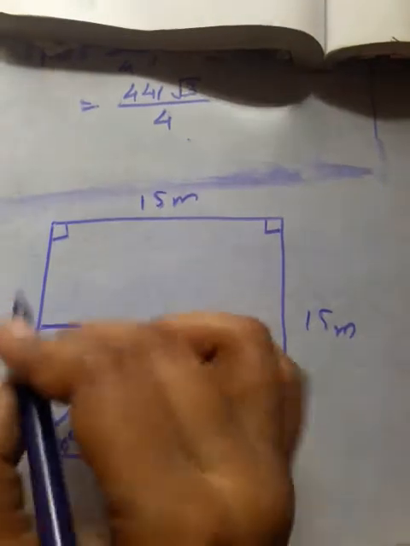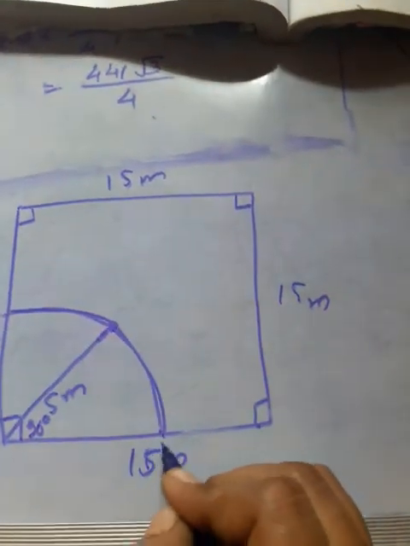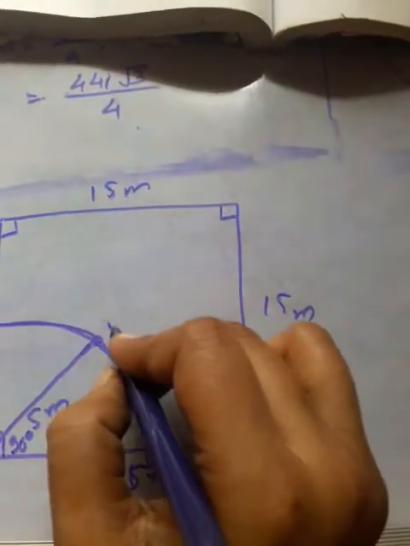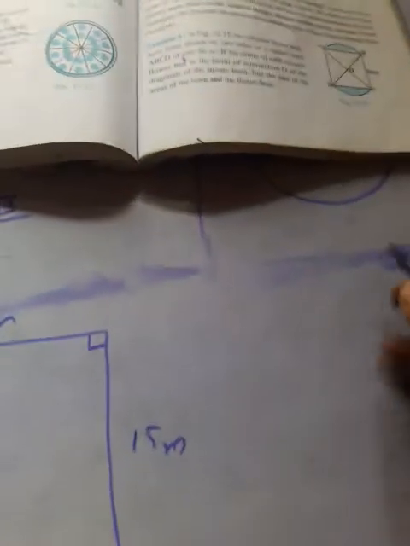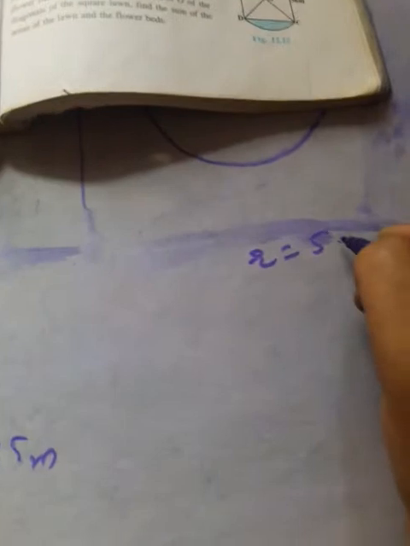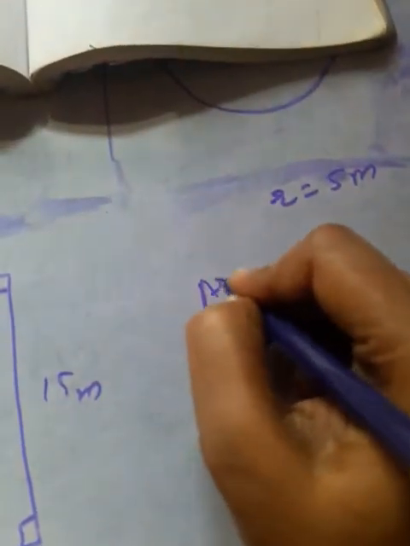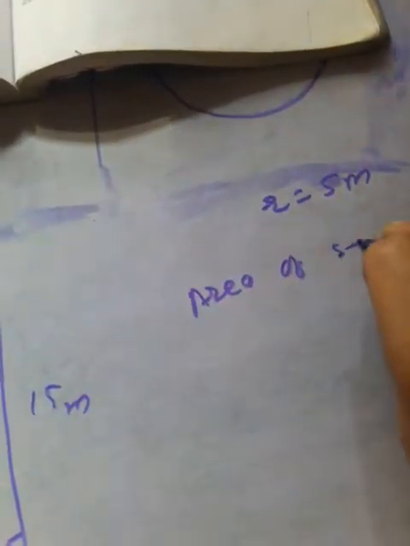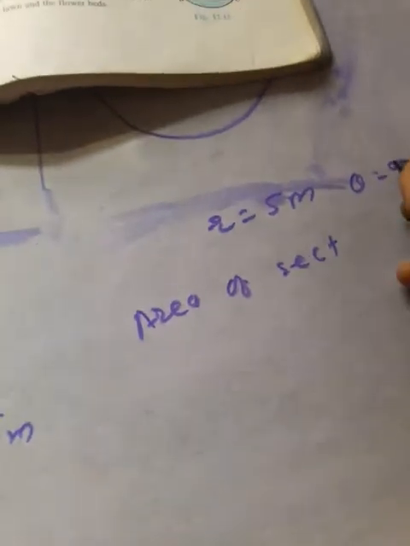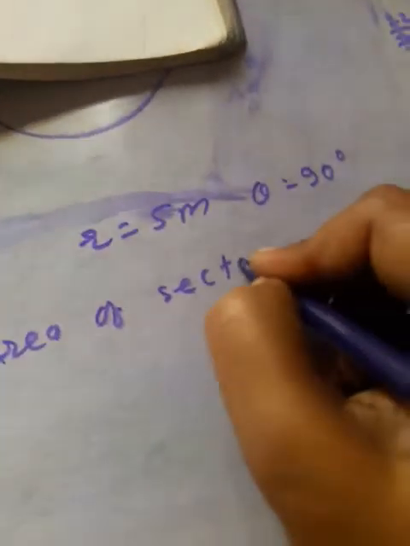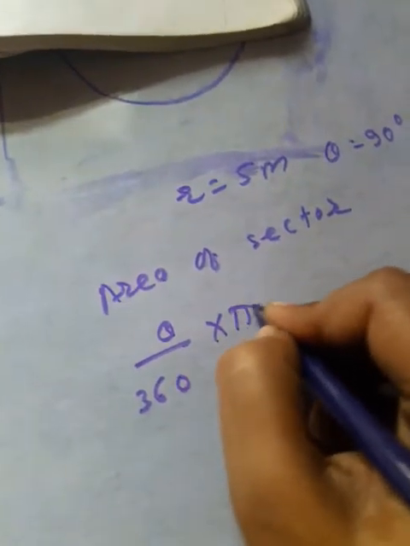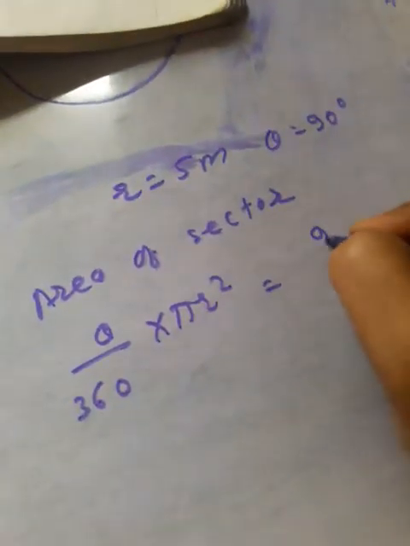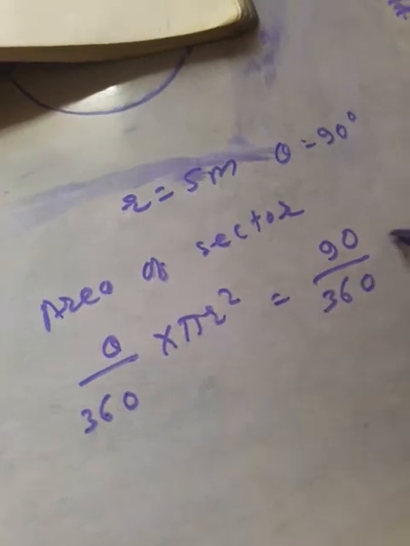Firstly find the area of this sector. Suppose this is A, B and O, and P. Area of this sector having radius 5 meters, and the angle is 90 degrees.